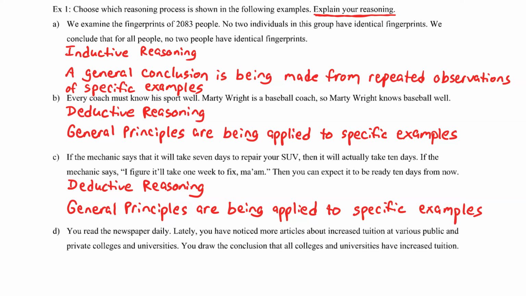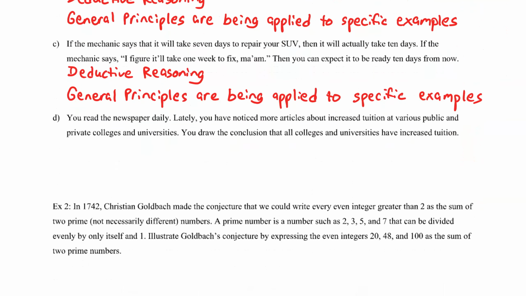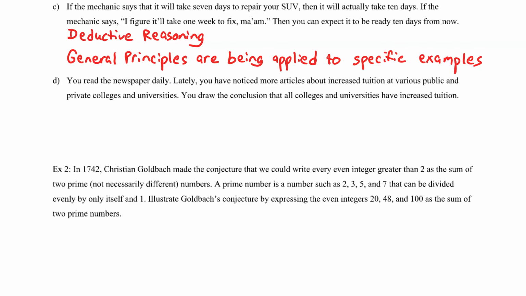Okay, so the last one we have of this type is part D. You read the newspaper daily. Lately, you have noticed more articles about increased tuition at various public and private colleges and universities. You draw the conclusion that all colleges and universities have increased tuition.